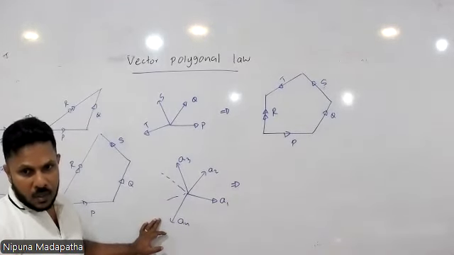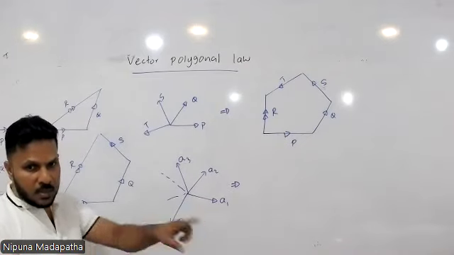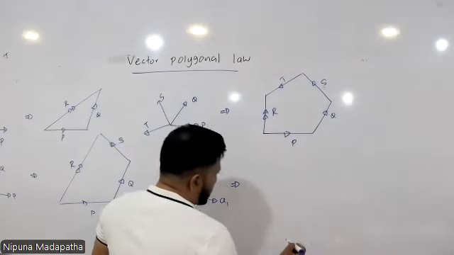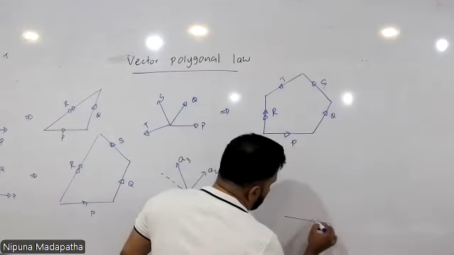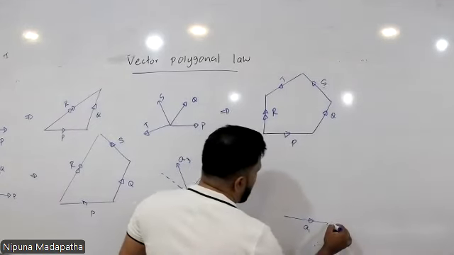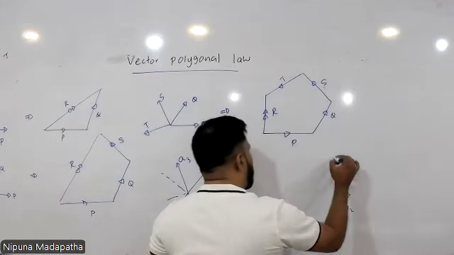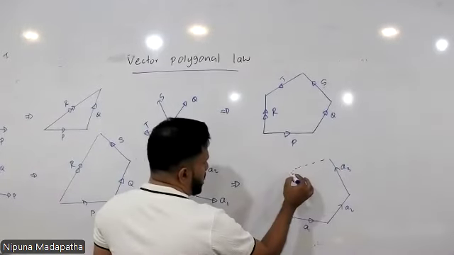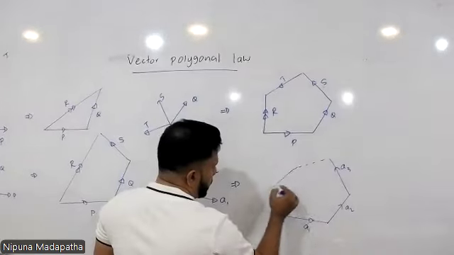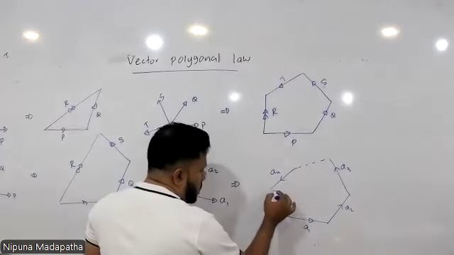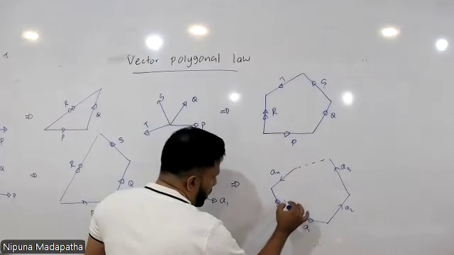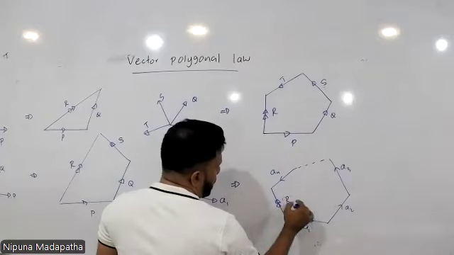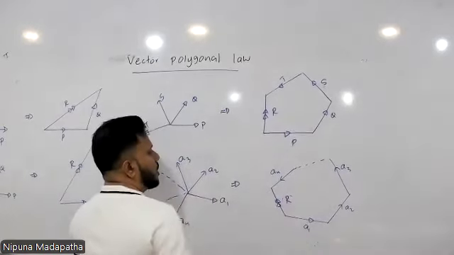The closing side, the n plus 1 side. So you can draw A1, then A2, A3, like that. This is the end side. So the n plus 1 side represents the result.